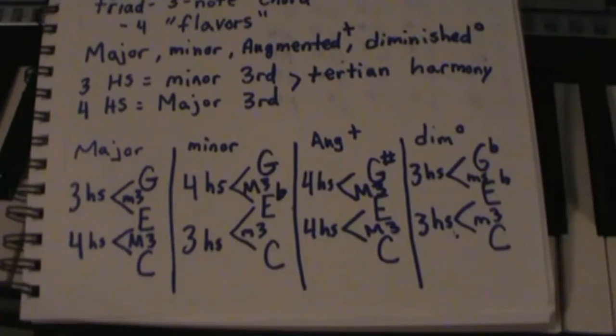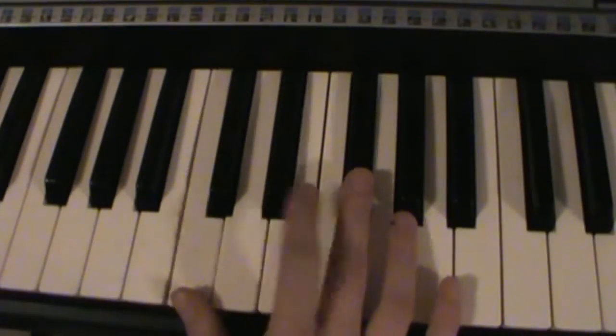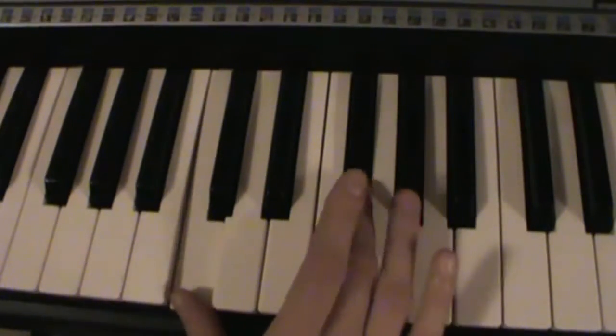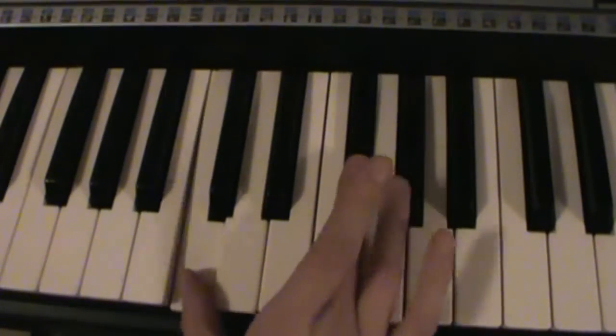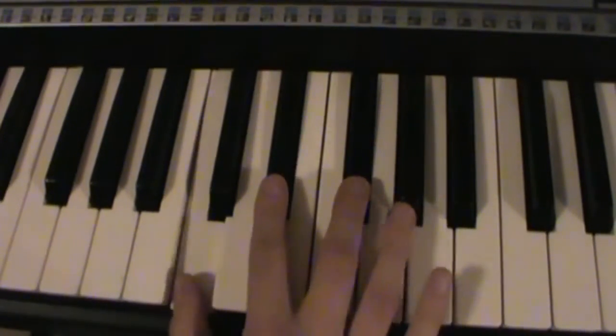You're not going to see augmented chords a whole lot. You're not going to see diminished chords a whole lot because, as I talked about in my last video, what happens in those is you've got a diminished chord. Well, what's this interval right here? It's a weird tritone. That's a diminished fifth, augmented fourth tritone, devil's interval.